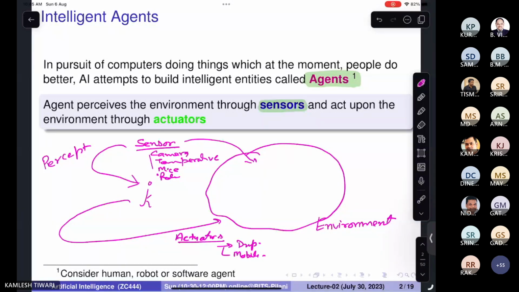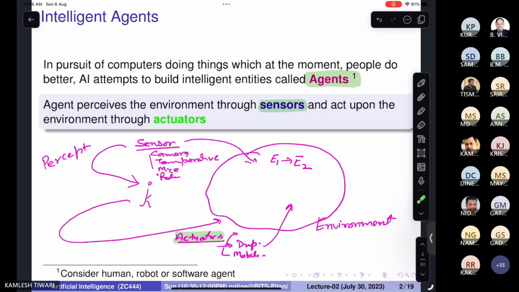So he is actuating that particular part. And by this, the state of the environment, which was E1, now becomes E2. Let's assume that there is an environment where some natural calamity has happened, and this is our agent, a UAV that is flying over there and trying to find out if there is anyone.